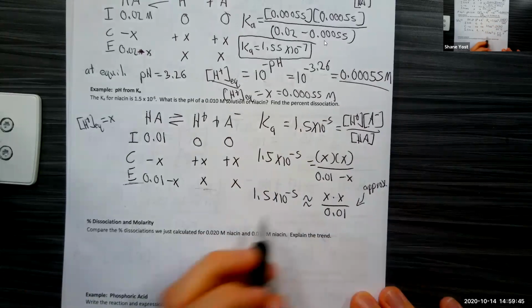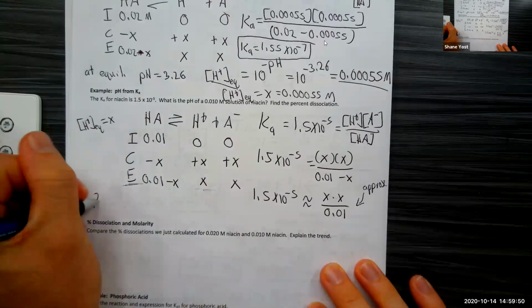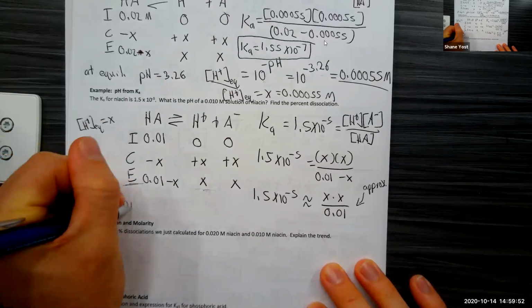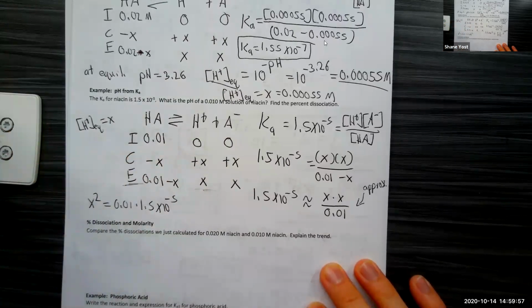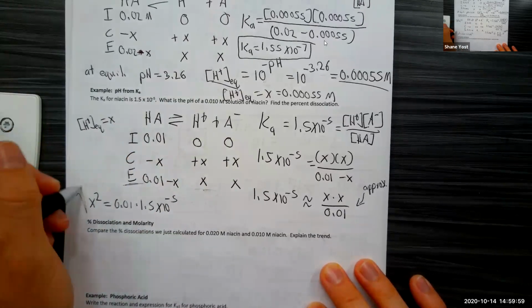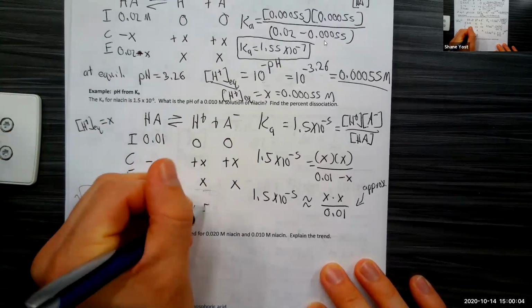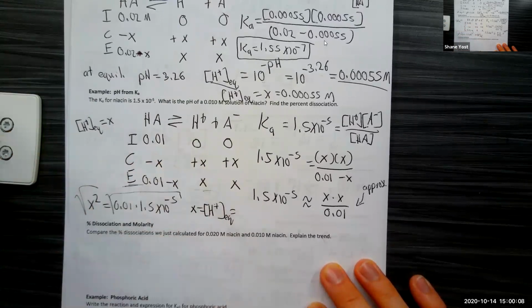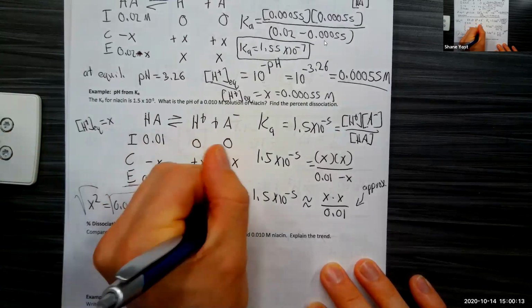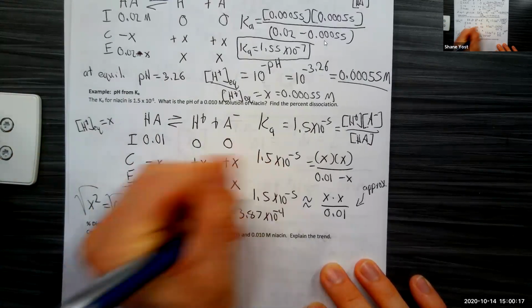If I do that, I then multiply 0.01 on the other side, so I get X squared equals 0.01 times 1.5 times 10 to the minus 5. Then I just take the square root of both sides of this equation to get X, which is the equilibrium concentration of H plus, equal to 3.87 times 10 to the minus 4.